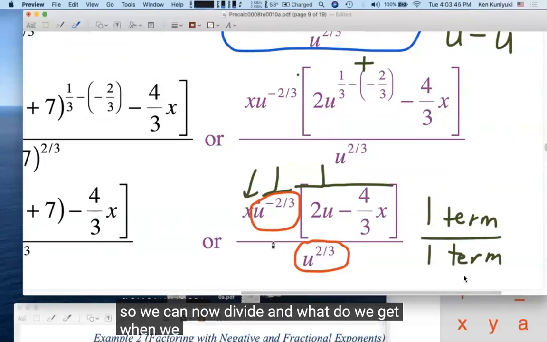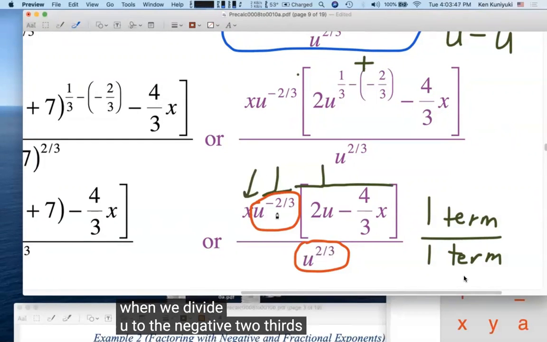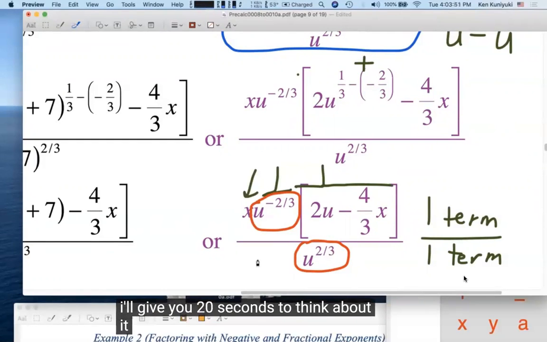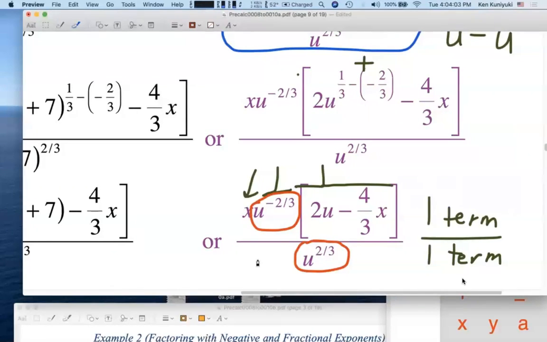And what do we get when we divide u to the negative 2/3 by u to the 2/3? I'll give you 20 seconds to think about it. Oh, and the answer is not 1.